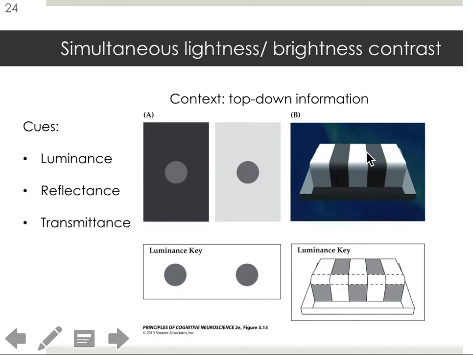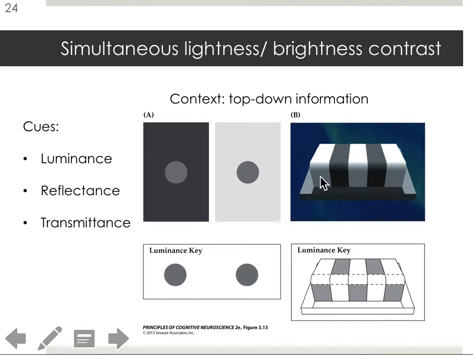And this is another piece of information. Because of the cue of three-dimensionality in an object, you might think that this patch within this image is a lighter color than this patch within this image, but they're actually the same.